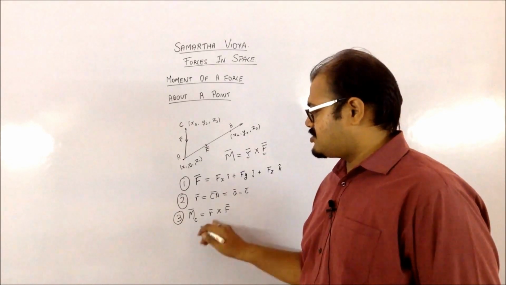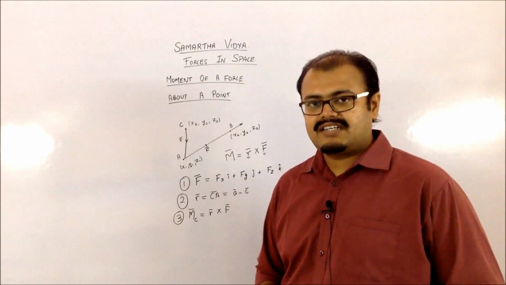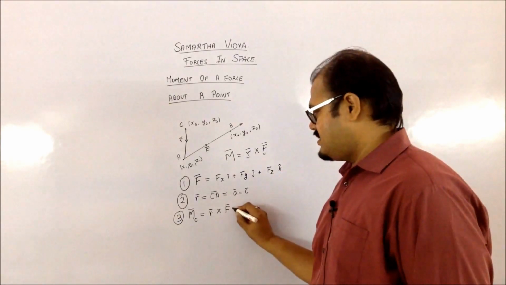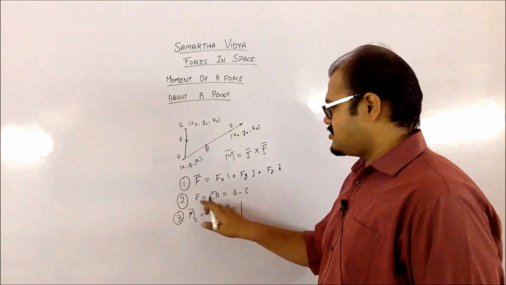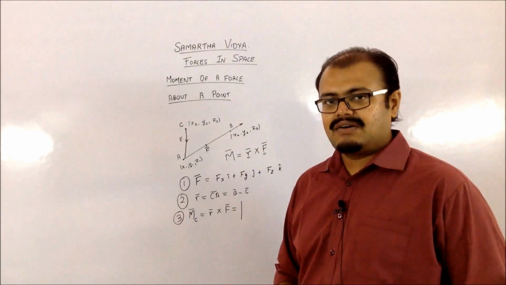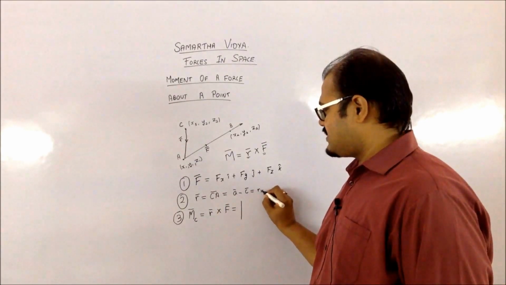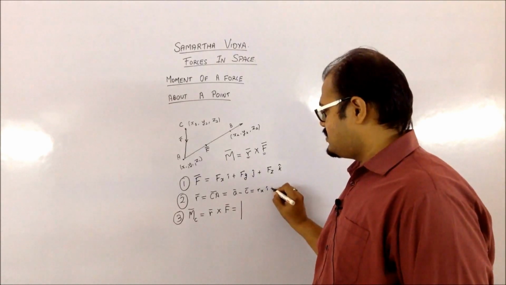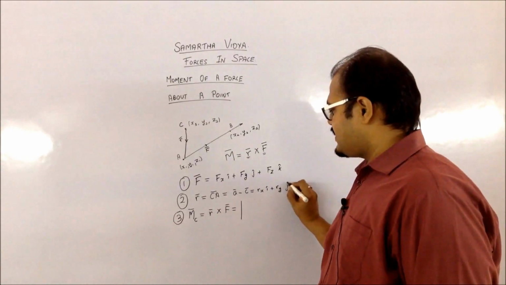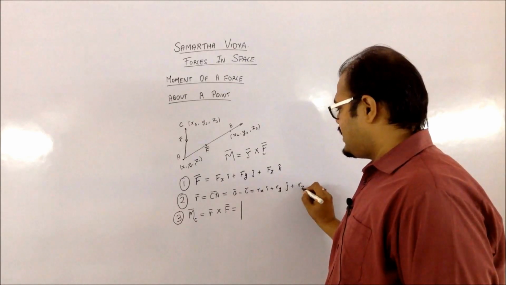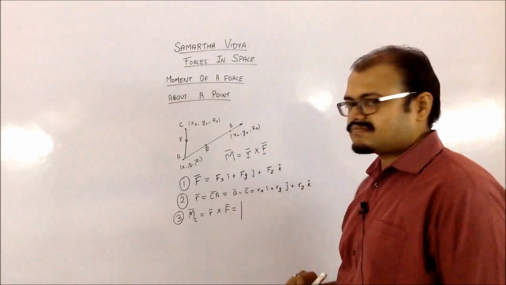Now you should remember that the cross product is given by the determinant, because you're going to have this r bar also in terms of your i j k terms. So you will be having this as rx i cap plus ry j cap plus rz k cap.